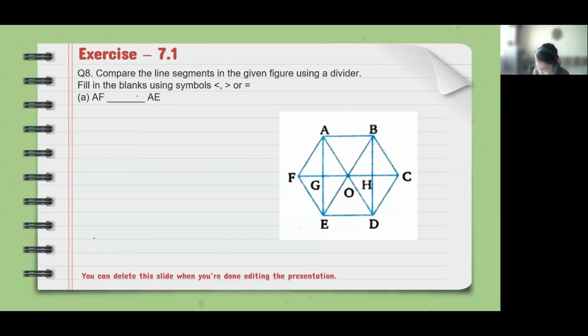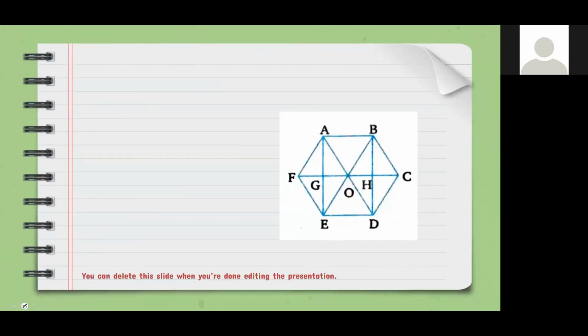So in the first one, this line AE is greater, so this symbol will come here. Okay. Next one. Second one.